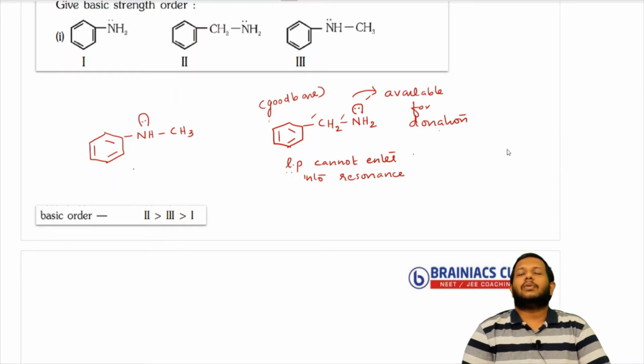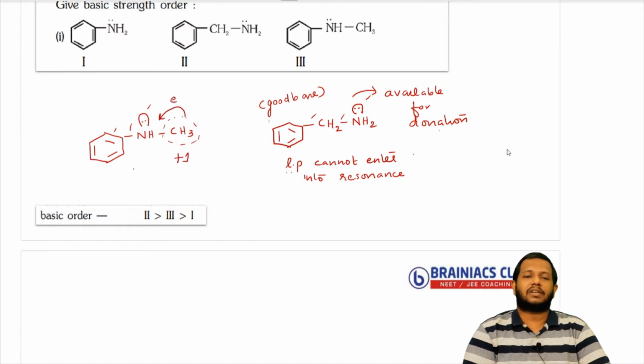You can easily see this lone pair, single bond, double bond. So there is resonance. So this lone pair is not available for donation. But you can also see the CH3 group is attached nearby. So that has a plus I effect. So this will keep on donating electrons here. So it is somewhat good. Resonance is there, but the plus I effect is donating electrons.